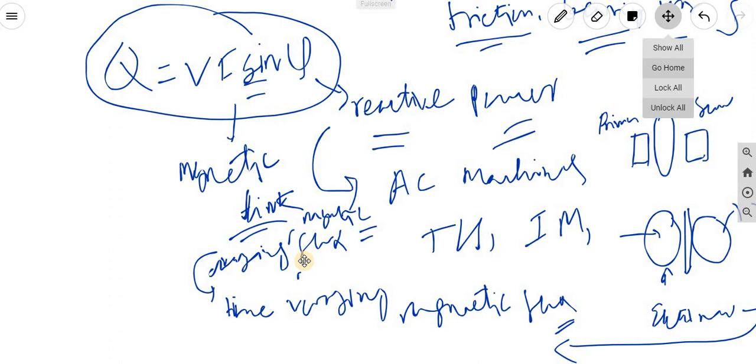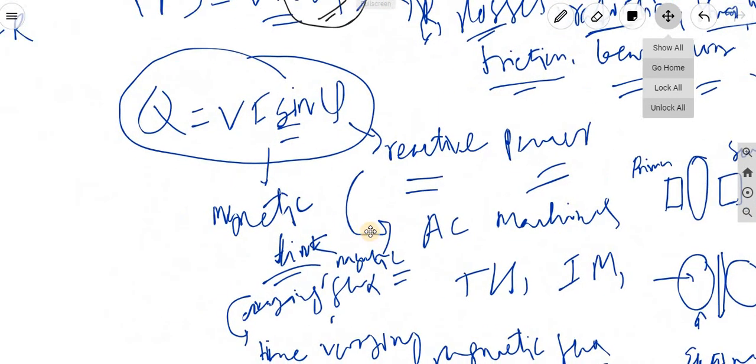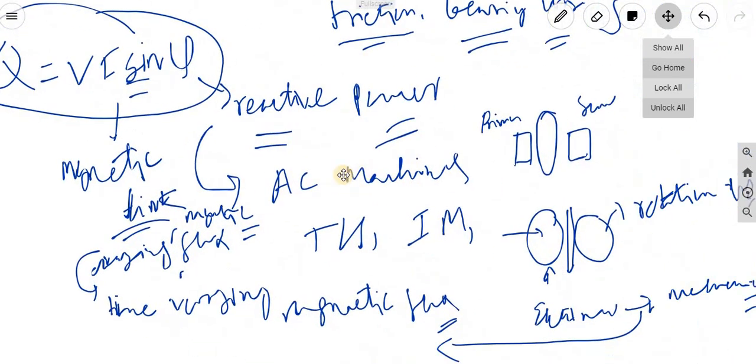The time-varying magnetic flux links the secondary circuit to the primary circuit, and only then can power be transferred. If no magnetic domain is created between the primary and secondary circuits, as in the case of a motor, we will not be able to transfer power in AC circuits. Clear?